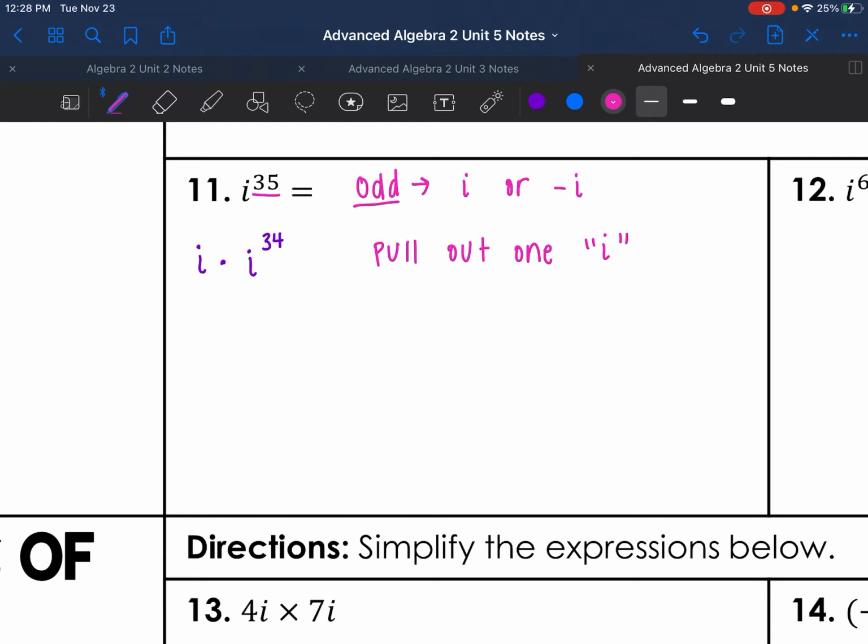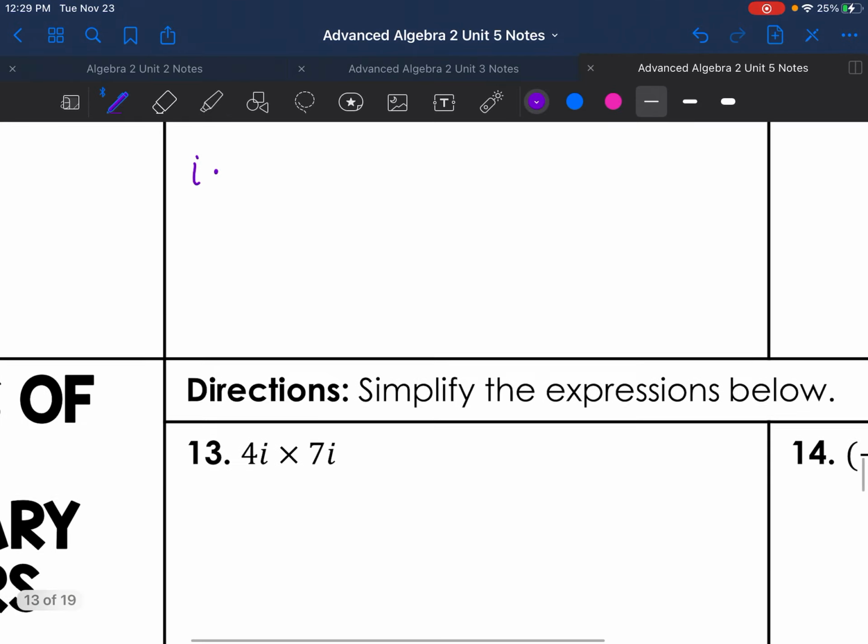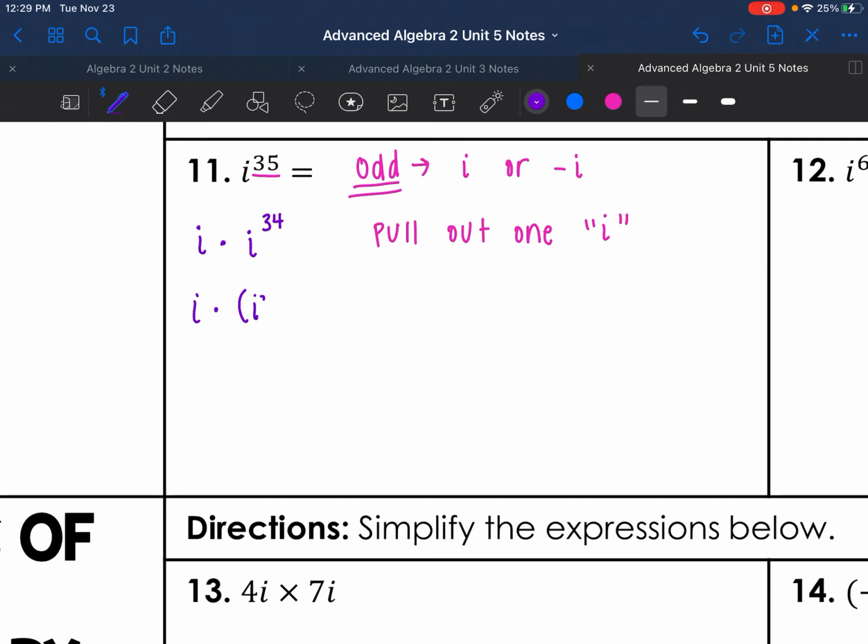This is only for the odd ones. And then with whatever exponent is left, we're going to write it as i squared to some power. So what needs to go in that blank? It needs to be 17, because 2 times 17 is what's going to give me 34.